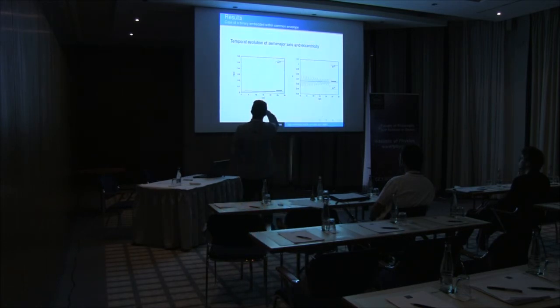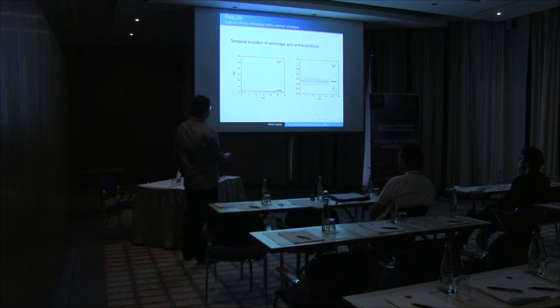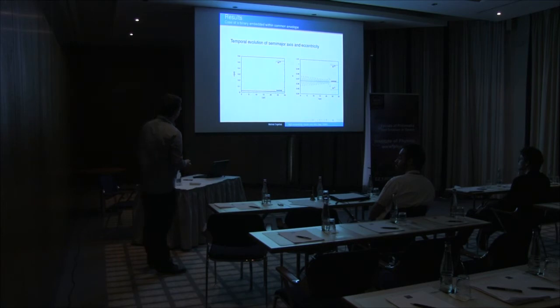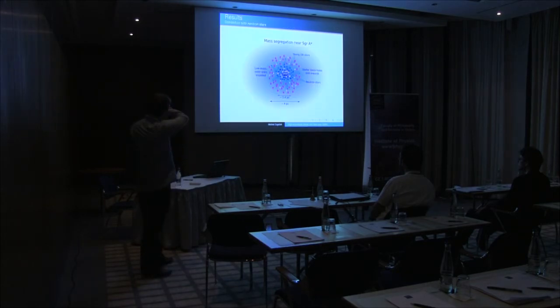And from these temporal evolutions of semi-major axis and eccentricity, the orbit of the primary is actually circularized a little, with smaller eccentricity than originally, and the eccentricity of the secondary is above 1, and the semi-major axis decreases for the primary and increases for the secondary.